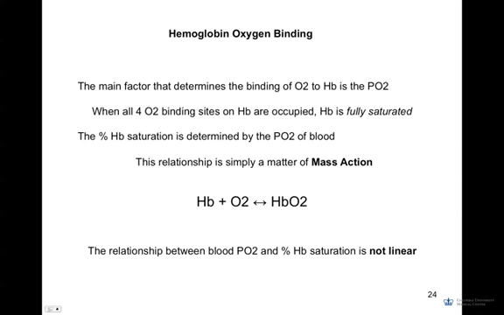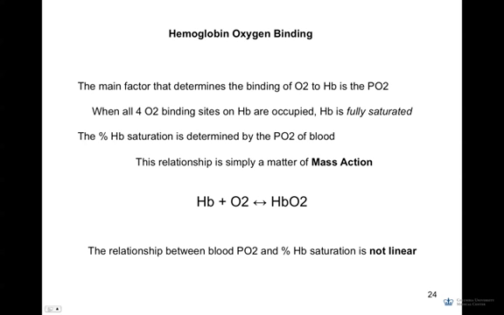This relationship is really simply a matter of mass action, meaning that hemoglobin in the presence of oxygen tends to form oxyhemoglobin. And when O2 levels decline, oxyhemoglobin tends to unbind oxygen. So this is a reversible reaction.